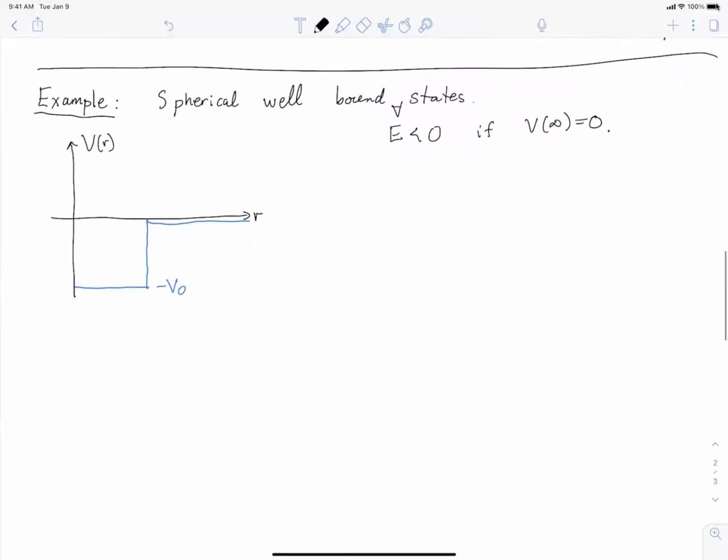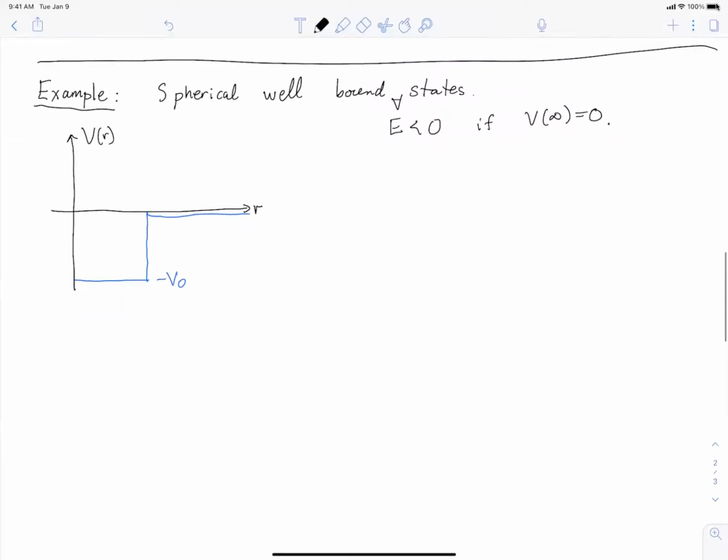Okay, so now let's write down the solutions in the proper linear combinations. First of all, let's take the case that r is, and this value right here should be a. That's the radius at which this potential changes. So for r greater than or equal to a, our stationary state, well, first of all, we should define what our k or kappa is. Okay, and in this case, the energy is less than 0, so we should be using kappa.